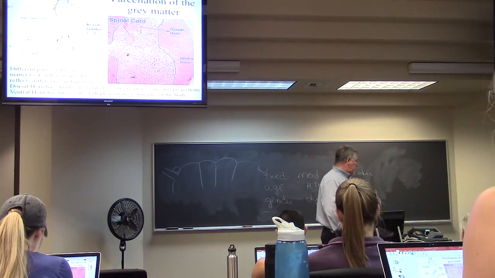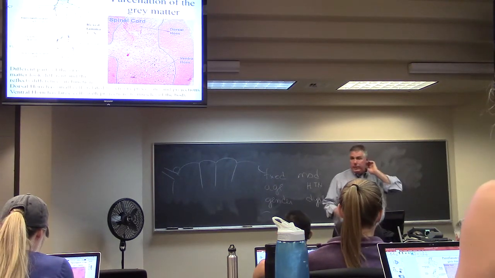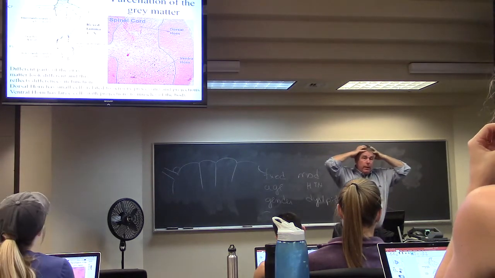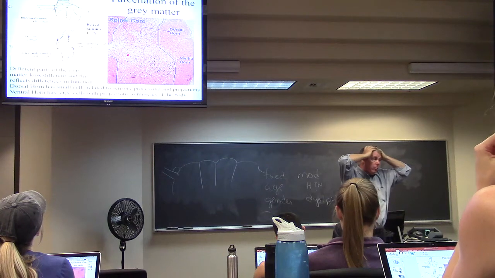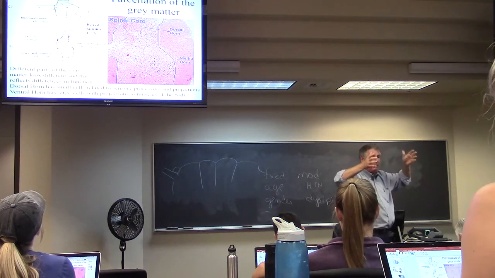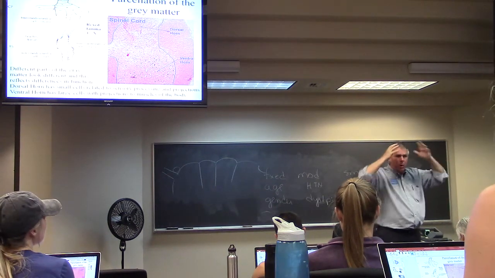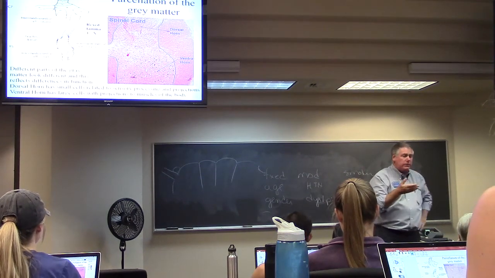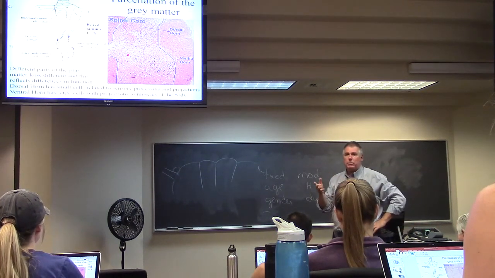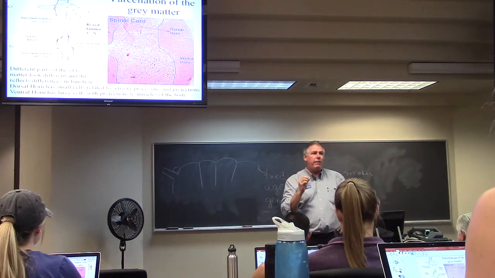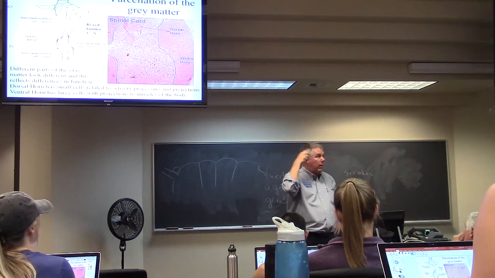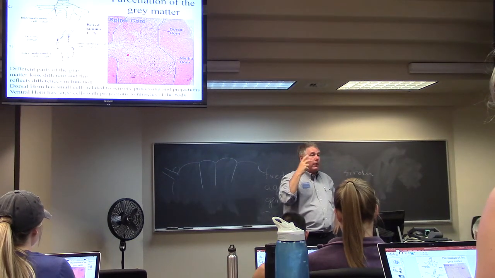Many years ago, this guy came up with a numbering system of the brain. His name was Brodmann, B-R-O-D-M-A-N. I don't know if I've ever told you that. He took microscope slides of the different parts of the brain and came up with about 45 different areas that had the same cytoarchitecture.